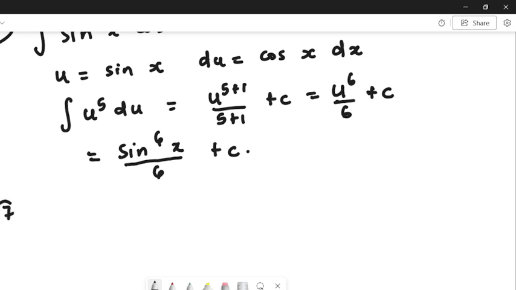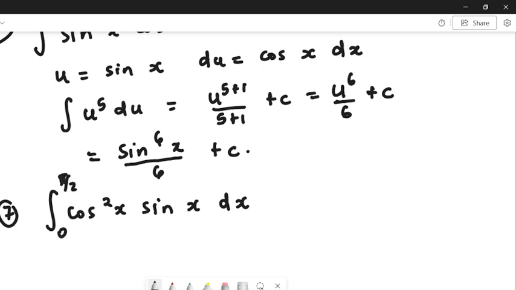Another case is our example 7. We have the integral of cos squared x sine x dx. This one is definite because it has limits. So sine x dx tells us that u must be cos.